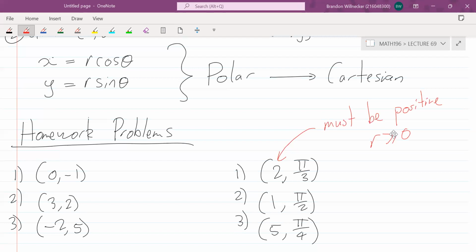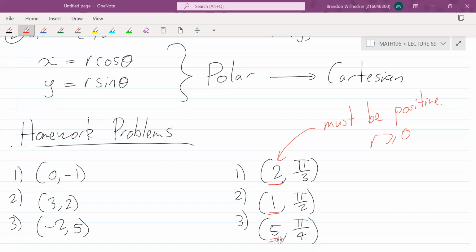You can have a distance of 0. That just means you're at the origin, but you can't have a negative distance. So whenever you're working with polar and Cartesian, x and y, they can be positive and negative, no problems there. In polar, the radial distance has to be positive. Okay, so we see that here. So this is the r component, that's always positive.